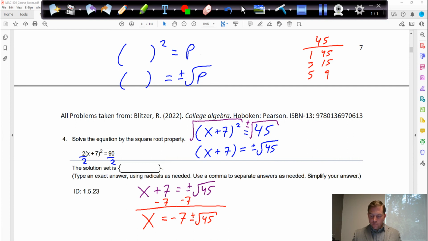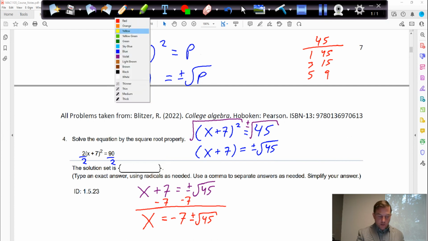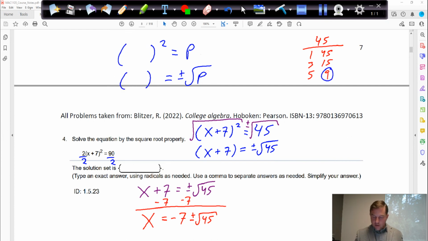So when you look at these factors, if any of them is a perfect square, like 9, 9 is really 3 squared. That will come out of a square root. In fact, let me show it this way. So I can break 45 down into its two factors. So I can have x equals minus 7 plus or minus the square root of 9 times the square root of 5. So you can break 45 into its two factors of 5 and 9.